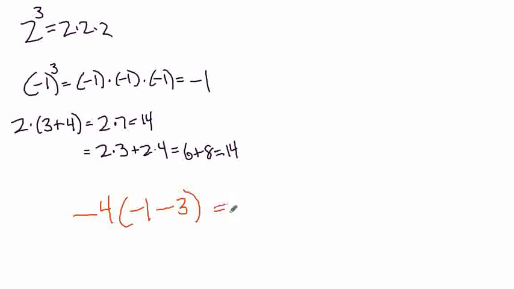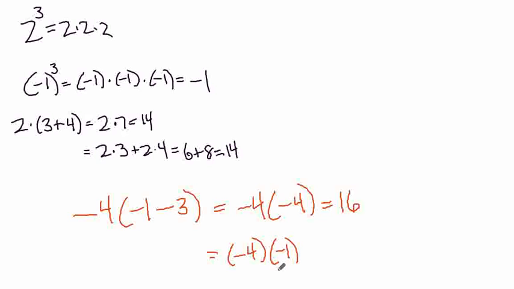First we'll do it the standard way, where you first simplify the parentheses, so that's minus 4 times minus 4, but we already know what a negative times a negative is. That gives 16. And then by distributing, now you're going to get to use your multiplication skills. Minus 4 times minus 1 is the first product, and for the second product you can either add minus 4 times minus 3, or you can subtract minus 4 times 3.